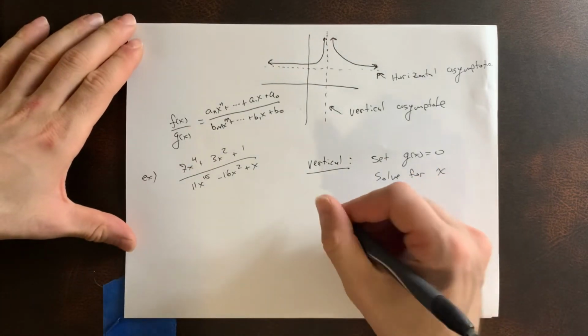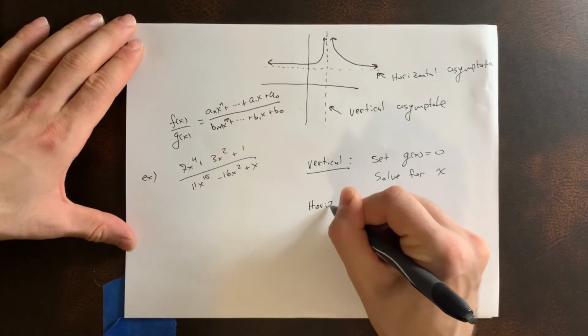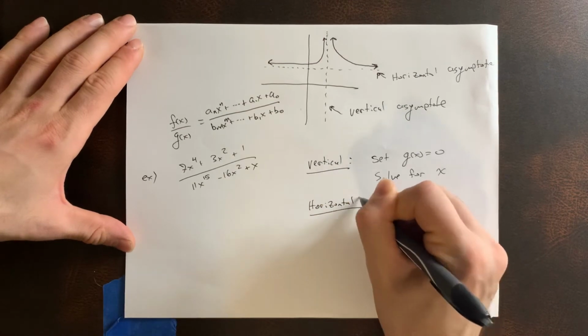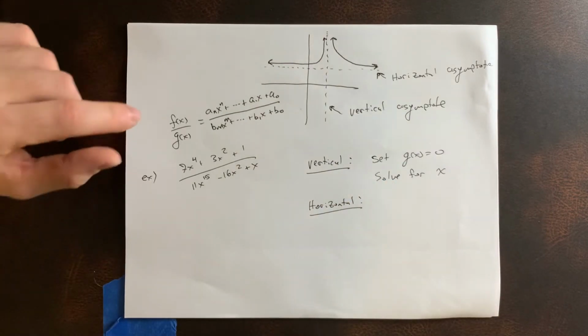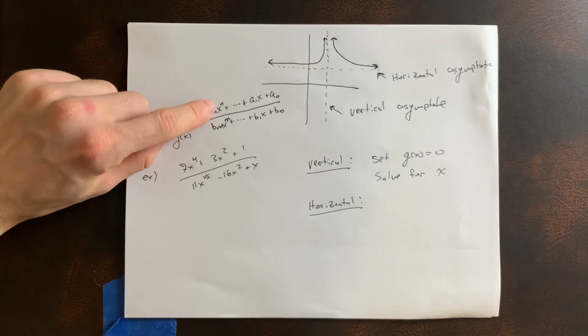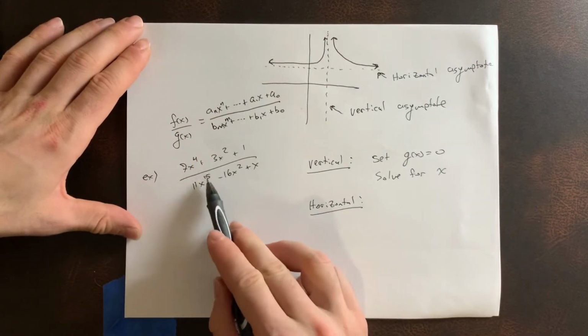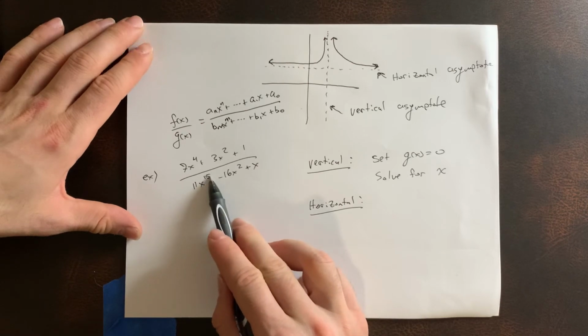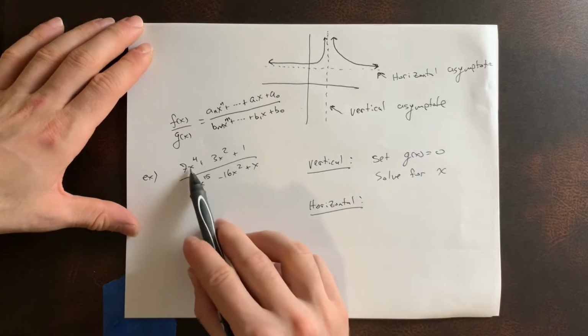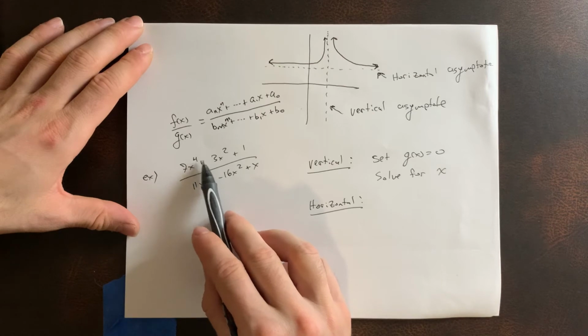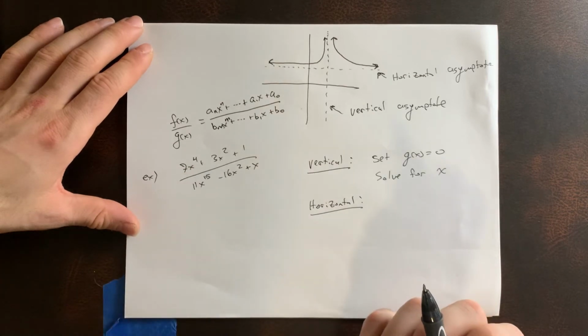Now the horizontal asymptote, we're going to have some cases. Suppose the power of x on the top is bigger than the power of x on the bottom. That's not the case in this situation. The power of x on the bottom is 15, the highest power, and the highest power on top is only 4. So in this situation, the power on the bottom is bigger than the power on the top.